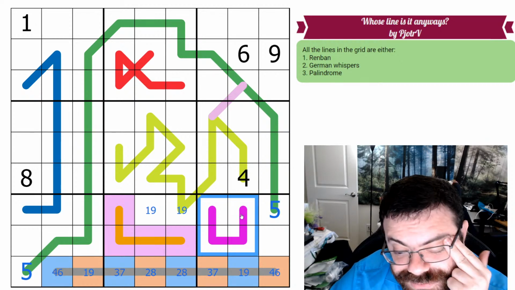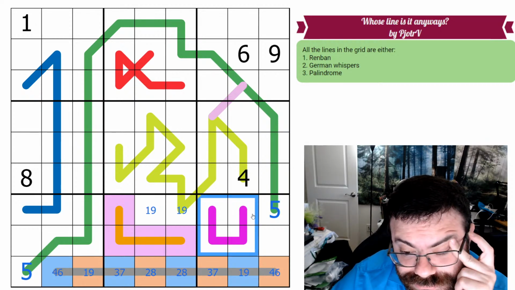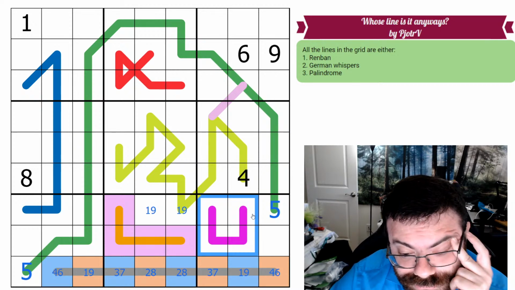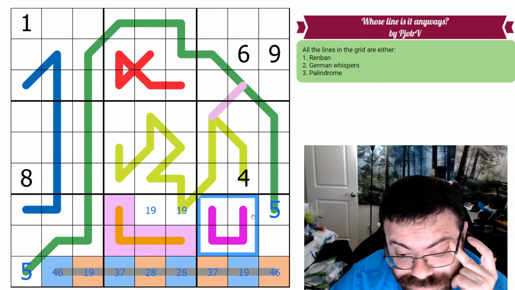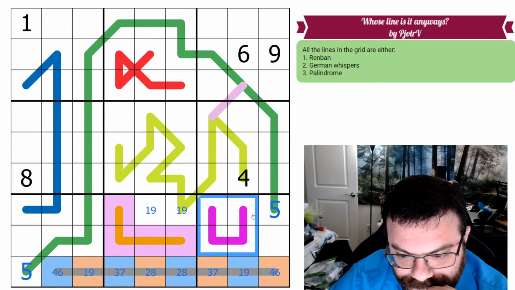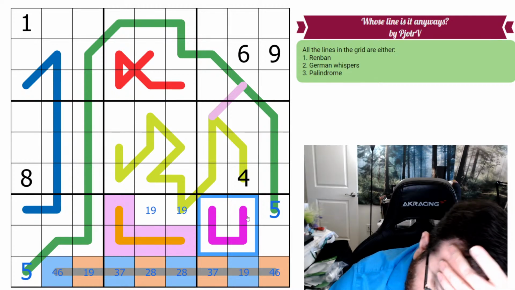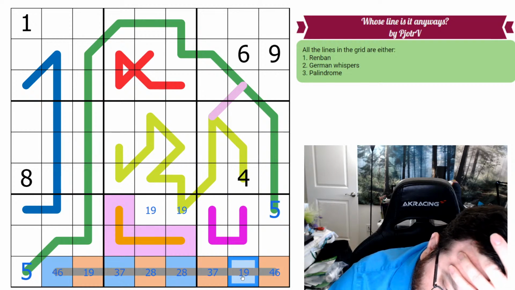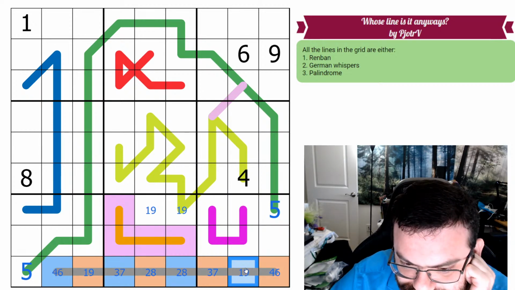So can this be Renban? We'd be 1, 2, 3, 4. It would be 6, 7, 8, 9. Either way, we'd be using too many 1s and 9s.